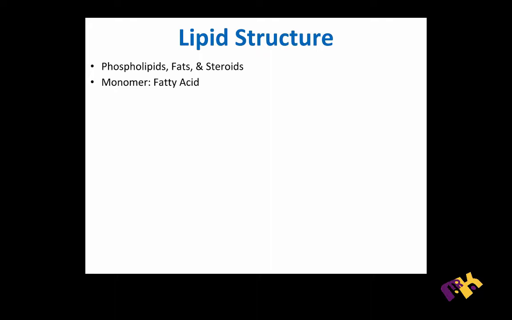But really, we have three main divisions when it comes to lipids. The monomer, the building block of these lipids, will be fatty acids. That's going to be our monomer to work with. If we connect some of them together, we can form them into different lipids: these phospholipids, fats, and steroids, the larger molecules.